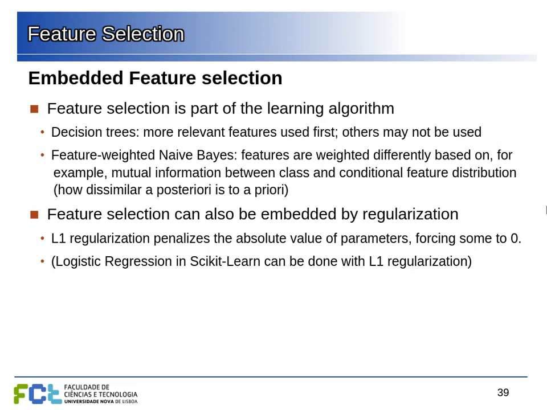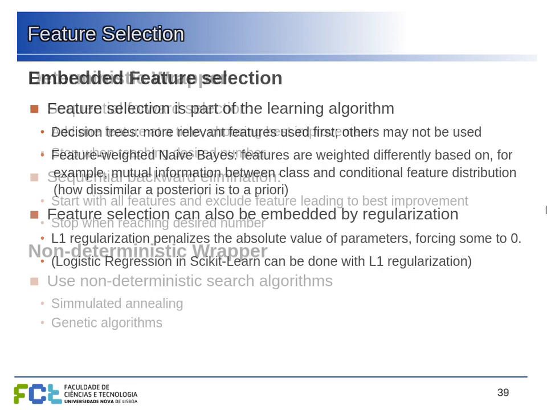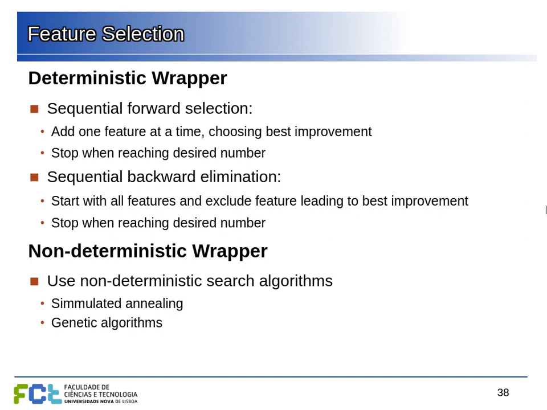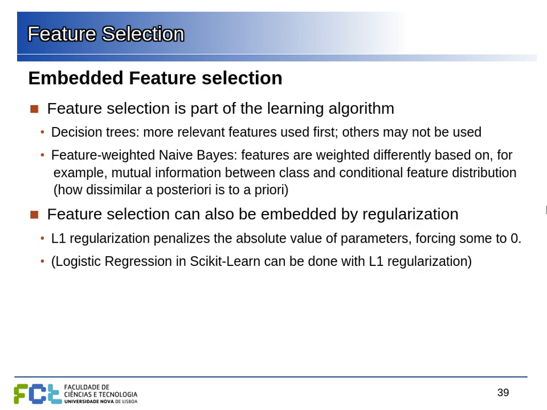So for wrapper feature selection, we are using machine learning algorithms to test different combinations of features and see which combinations perform better. We can also do embedded feature selection for some specific machine learning algorithms that automatically select features.